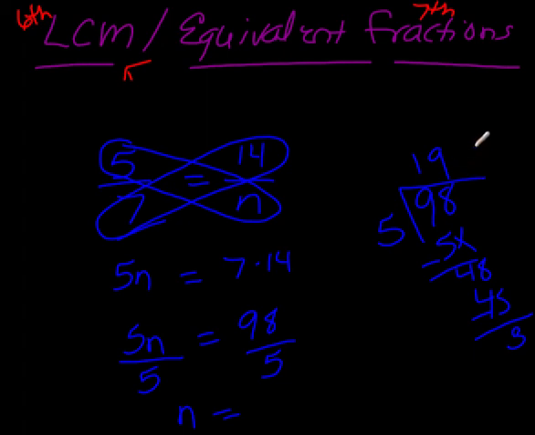Alright, so we can say 19. I'll just pretend that it rounds up to, actually, no, let's go ahead and get that decimal in there. This is actually going to work out. 0, put a decimal up here. So 5 goes into 36. So it's going to be 19.6 as our answer. Okay? So our unknown number right here would actually be 19.6. And yes, that actually can happen. So I'm glad you did get to see it.